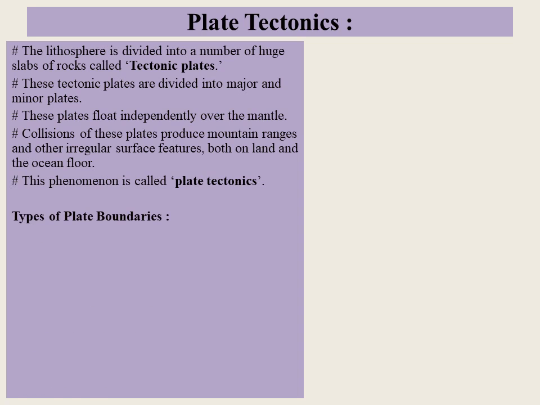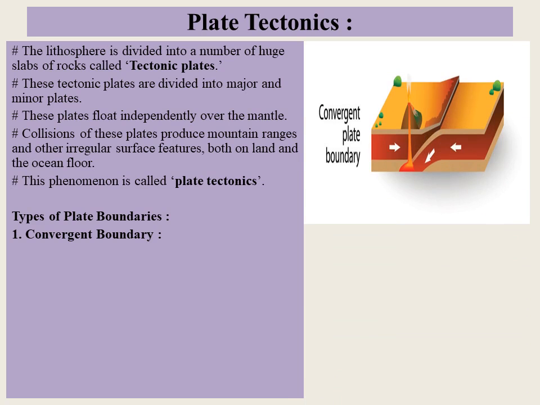The types of plate boundaries. First one is convergent boundaries. How it occurs is shown in the picture. In convergent boundaries, the plates move towards each other and sometimes a plate sinks under another.